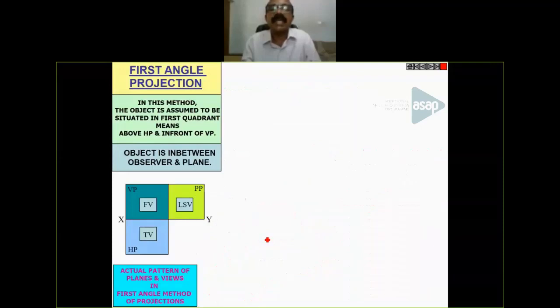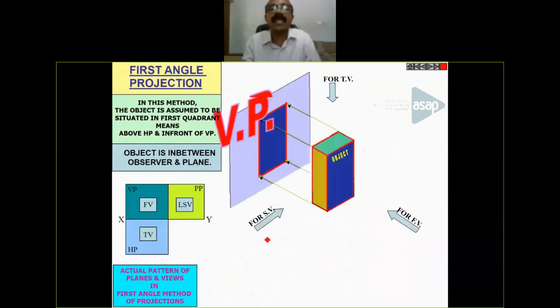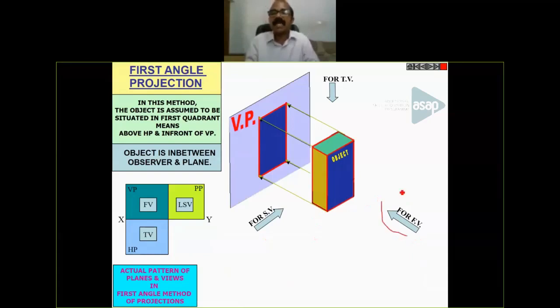So in detail, you can see the first angle projection method. Here you can consider the object as a rectangular prism, and the direction of vision, say for the front view, see this direction. In a 3D object, the direction of the arrow always indicates the direction of the front view.